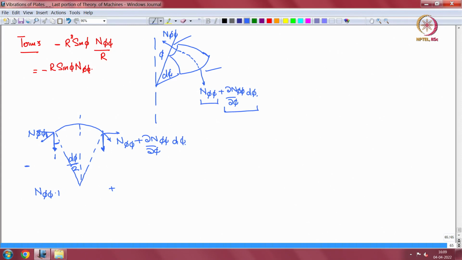N phi r sine phi d theta into d phi by 2 is this component. Similarly that component, so it gets multiplied by 2. So we get n phi r sine phi d theta d phi with a negative sign. That's what we have.